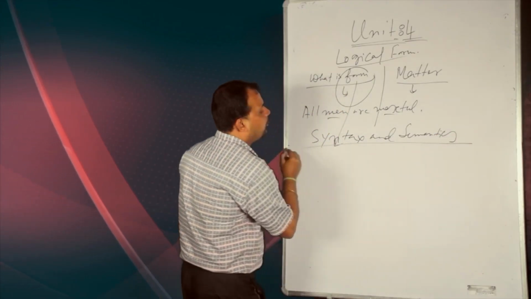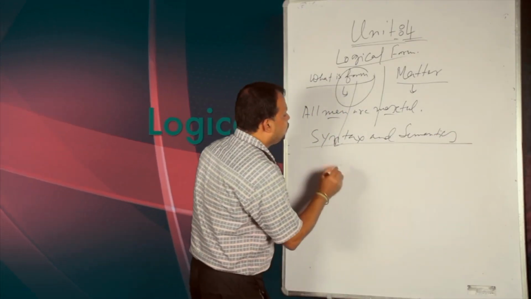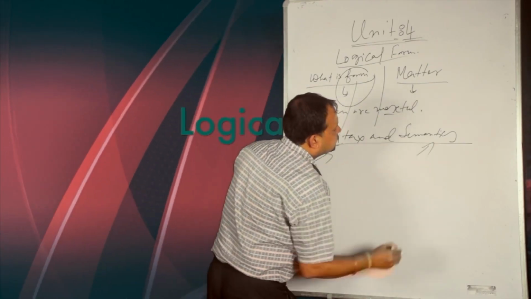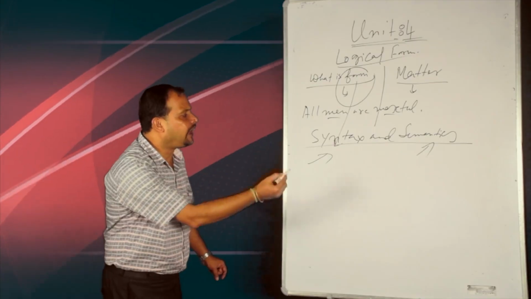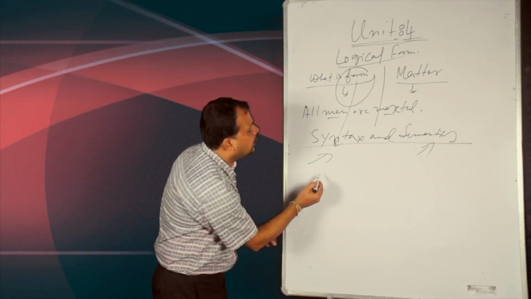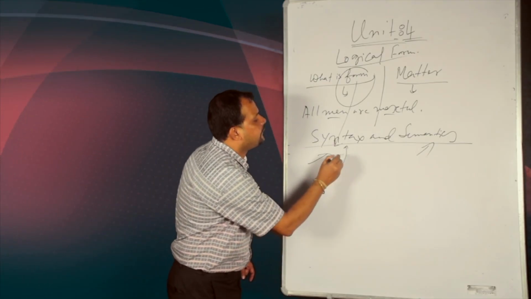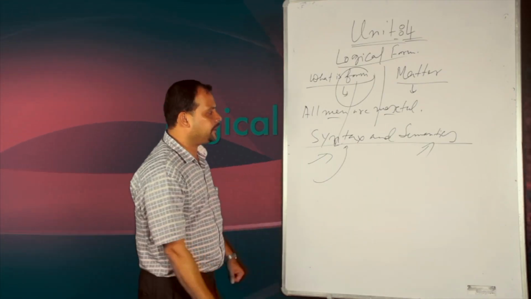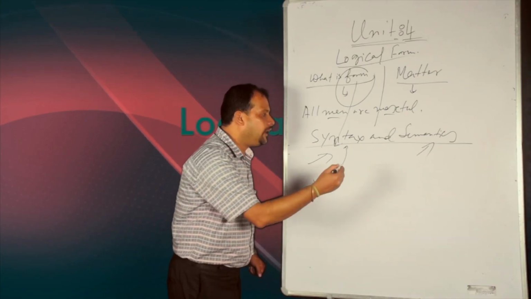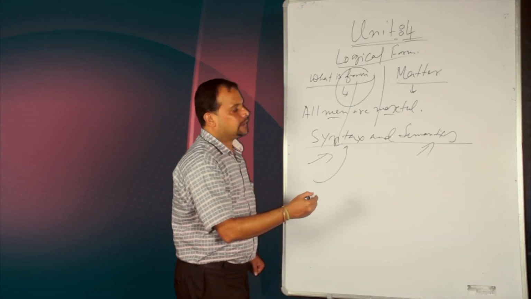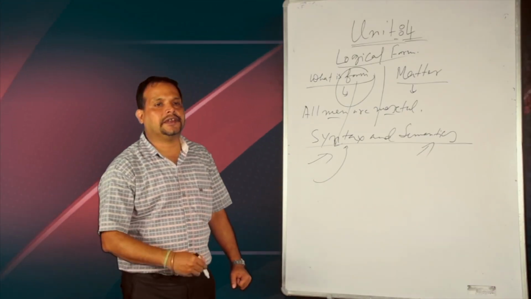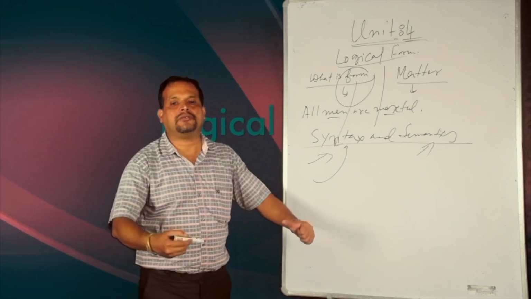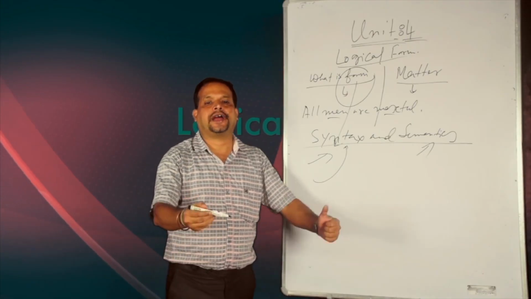The logical form can be expressed with the help of syntax and semantics. Syntax relates to the logical structure or the underlying structure of a proposition, on the other hand, semantics relates to the matter or the meaning of the words of an argument.